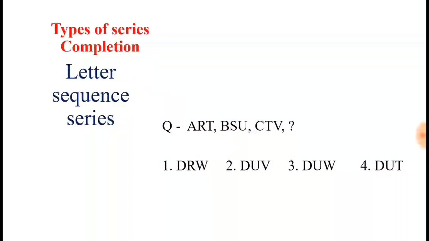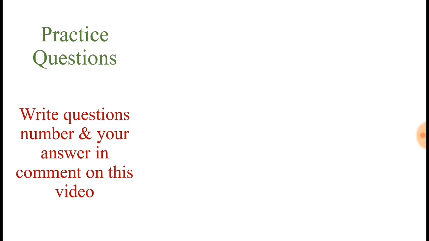If we check the first letters of all groups, they are A, B, C, the second letters R, S, T, the third letters T, U, V, that means every letter is in sequence. So at the question mark, after C there is D, after T there is U, and after V there is W. So the correct answer is DUW.